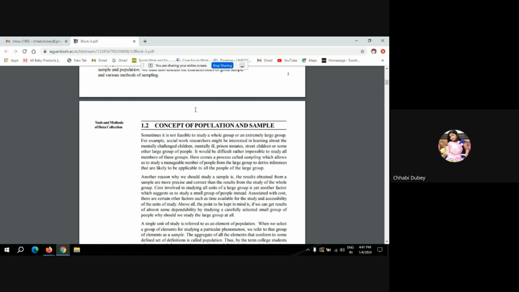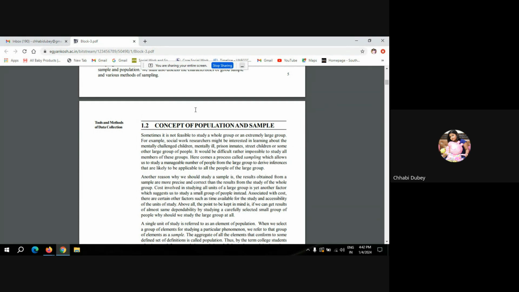So we need to take a part of the population as a sample, and that sample is used for collecting data. This sample is considered to be representative of the whole population. So whatever data we gather from this sample, we understand that it represents the entire population.